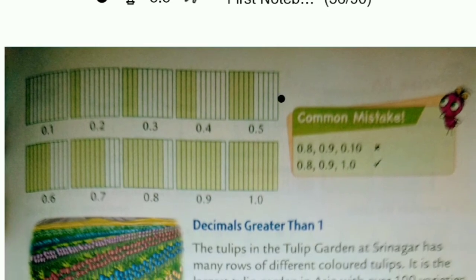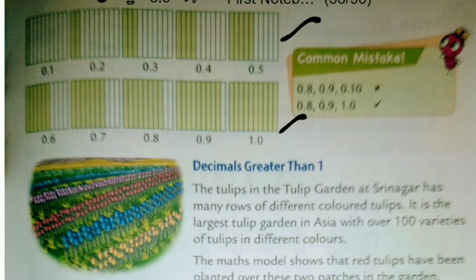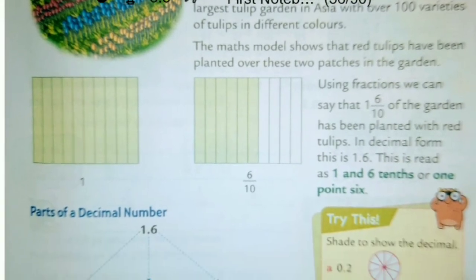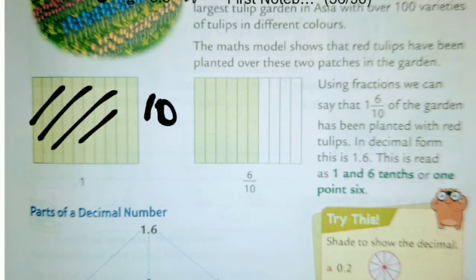Next. So these examples are given. You can go through the examples. Now the next one is decimals greater than 1. It means the decimals are greater than 1, not less than 1. See, in this one there are 10 parts and all 10 parts are shaded.